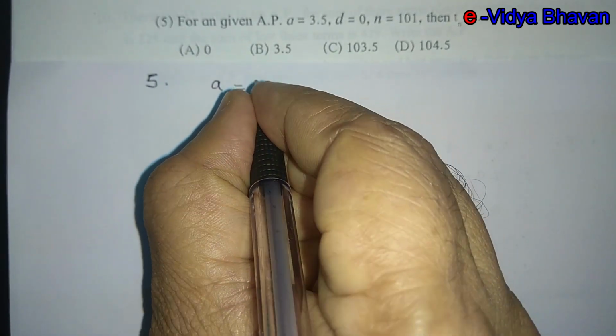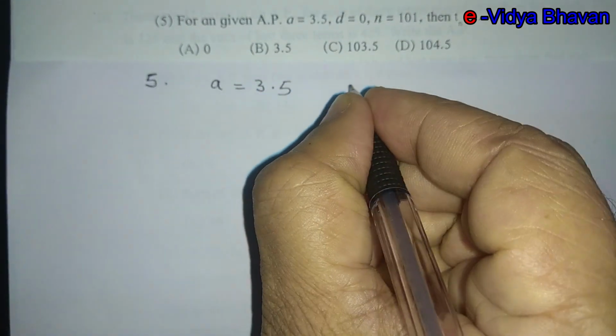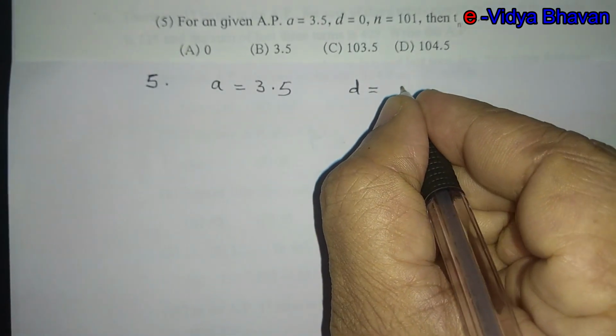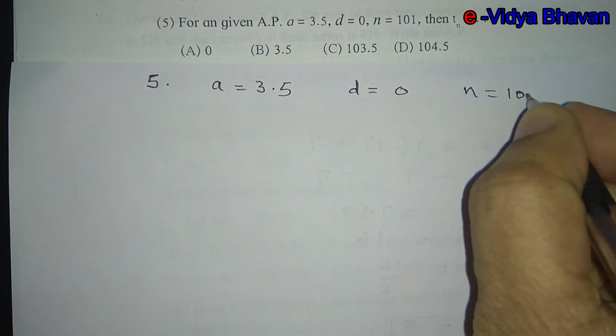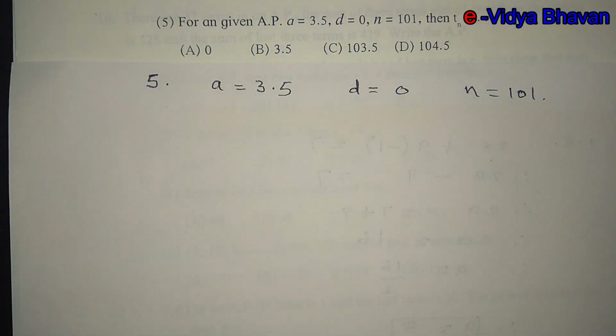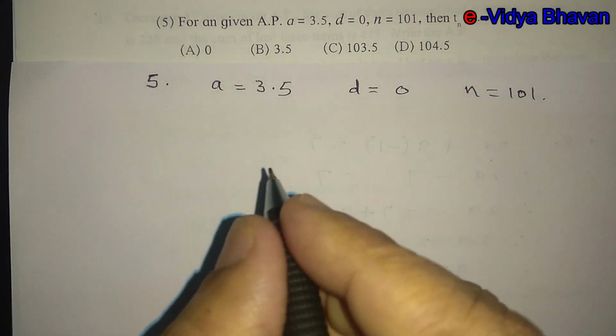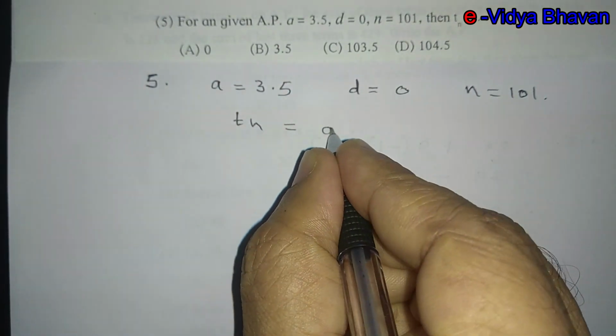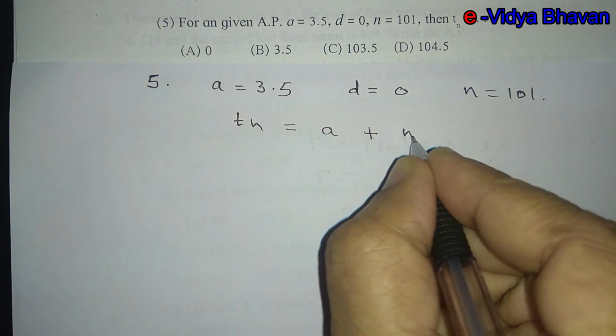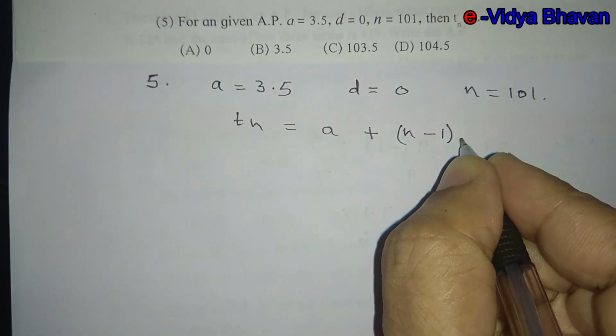Question number 5. a is given 3.5, d is given 0, and n is given 101. You are interested in finding Tn. We have the formula for Tn: Tn is equal to a plus n minus 1 d.